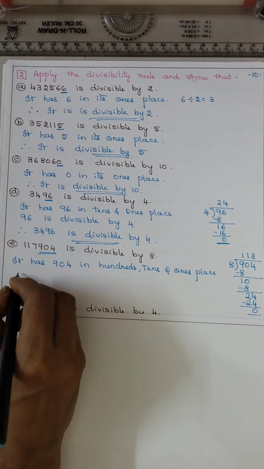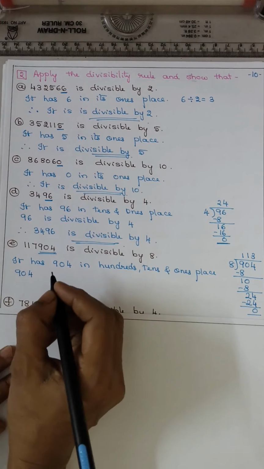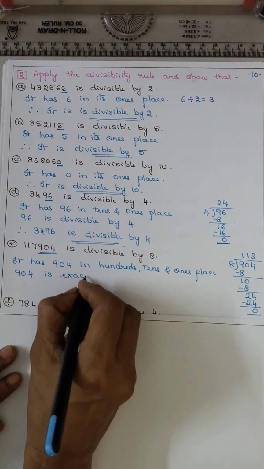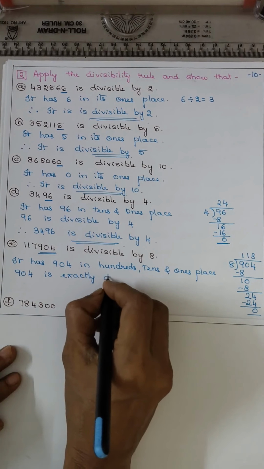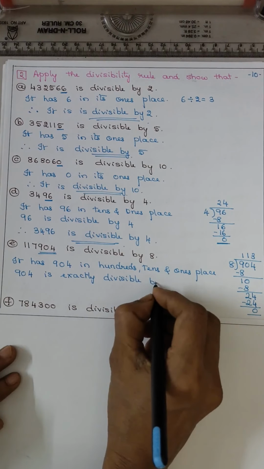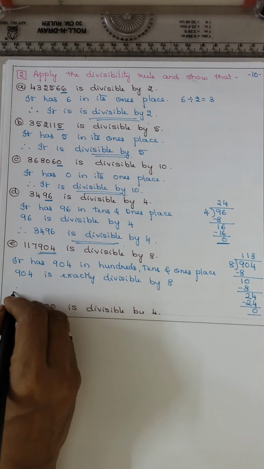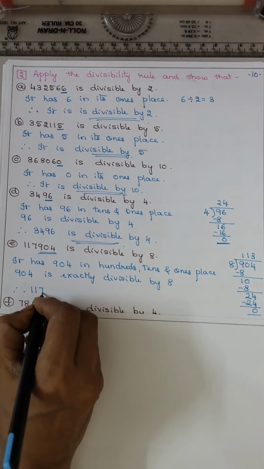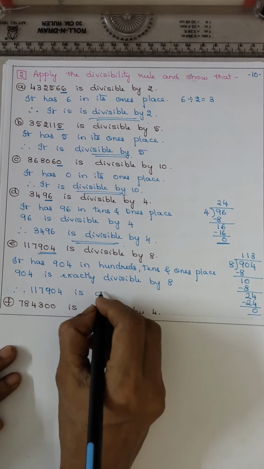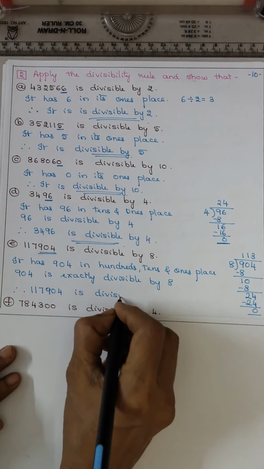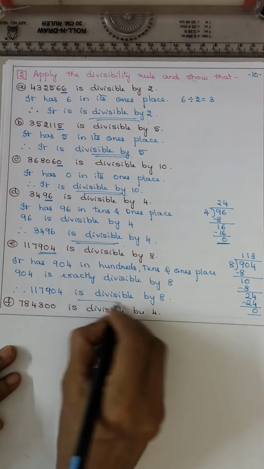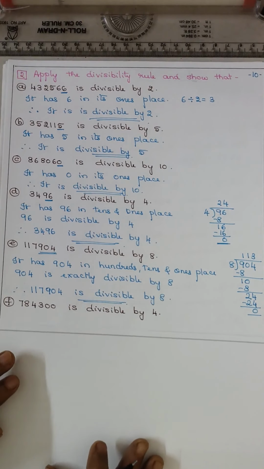So 904 is exactly divisible by 8. Therefore, 117904 is divisible by 8. Correct?